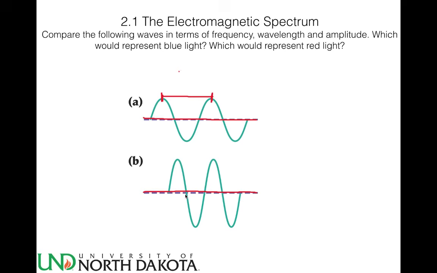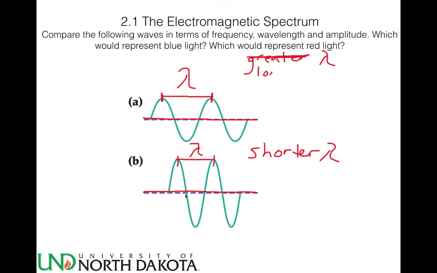Our wave in A should have the greater wavelength because the distance is bigger than the wavelength in B. And so for A we have the greater wavelength, and B we have the shorter wavelength. I should say longer, not greater wavelength.